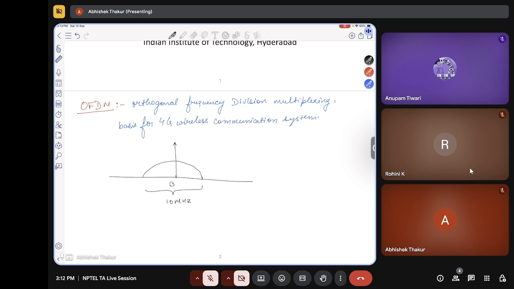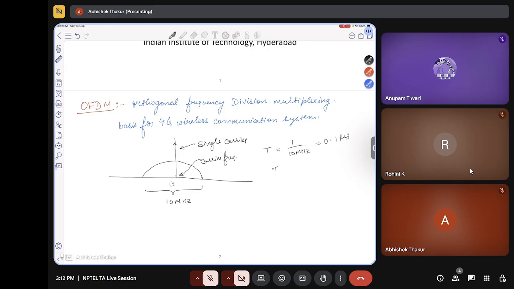This is a broadband signal with a single carrier at the carrier frequency, and the bandwidth is 10 megahertz. When we find the time duration of this signal, we get 1 by 10 megahertz, which is equal to 0.1 microsecond.